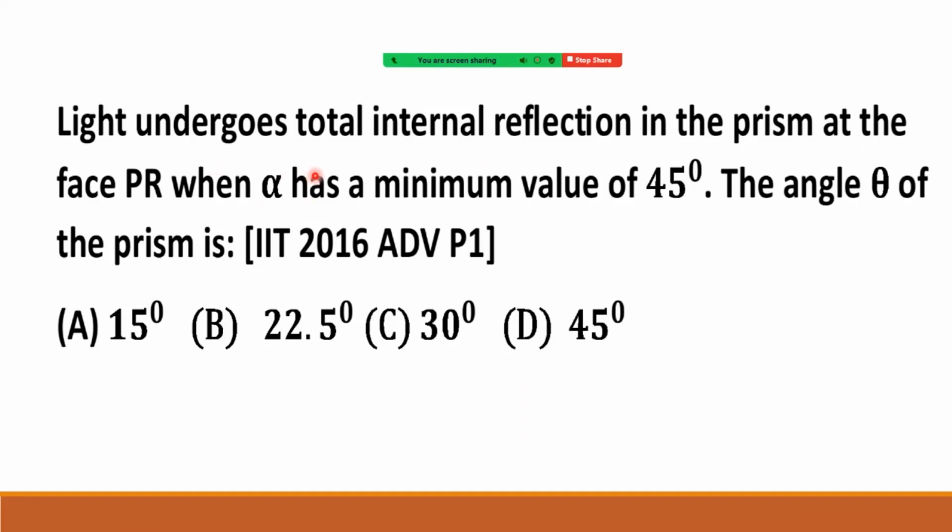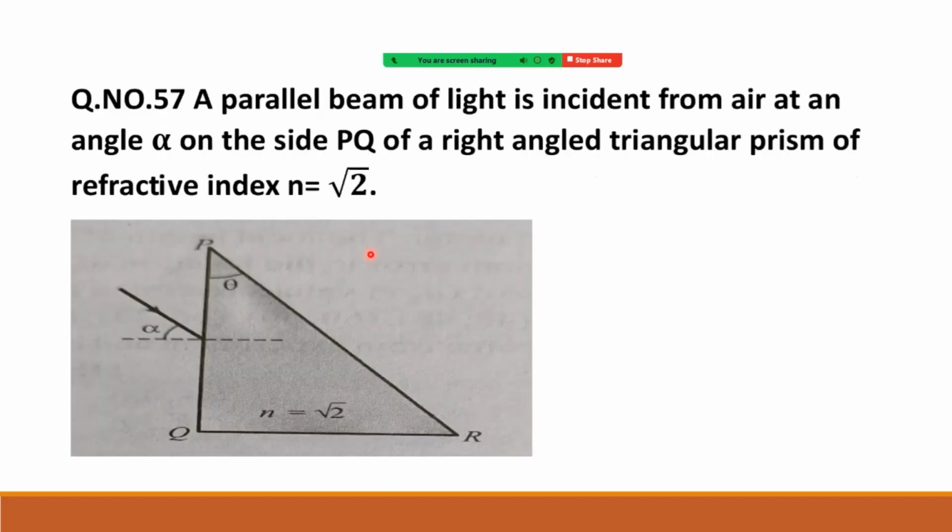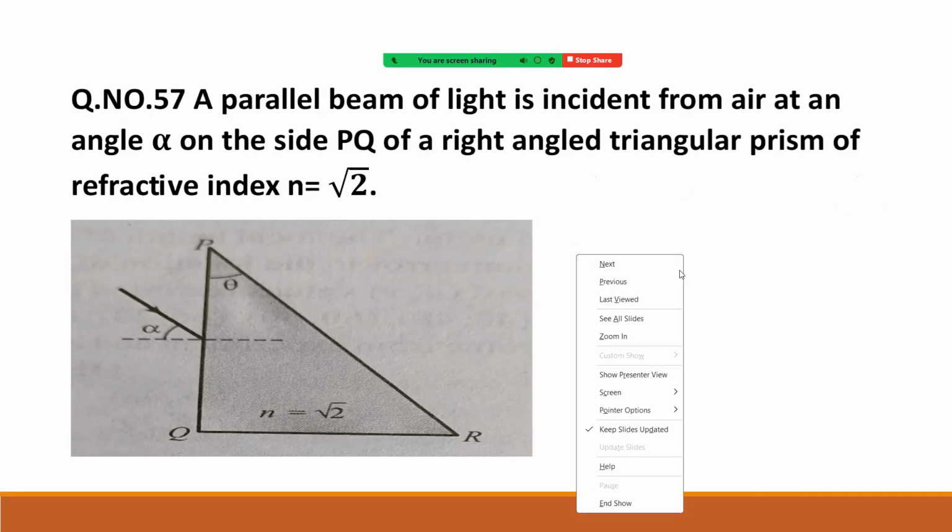Light undergoes total internal reflection in the prism at the face PR when alpha has a minimum value of 45. Condition is minimum value of 45. The angle theta of the prism is. So asked in JEE Advanced 2016. Let us see how to start it. Alpha value given 45, theta we have to calculate.